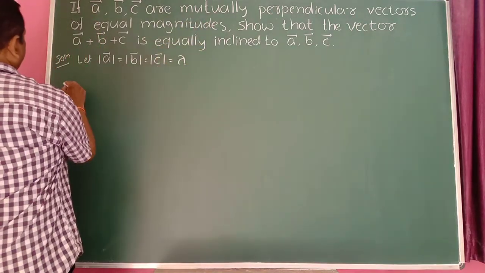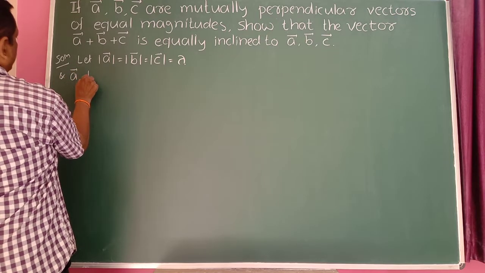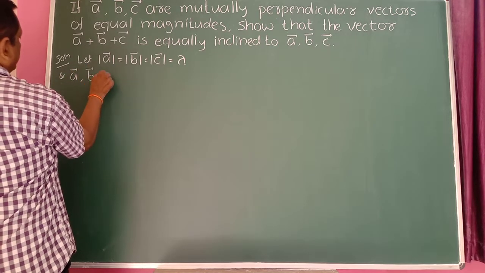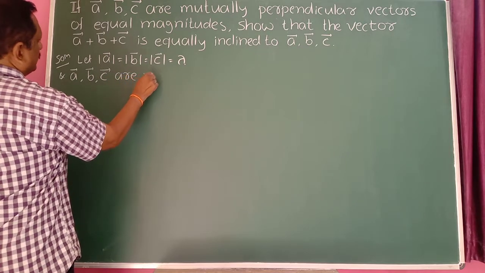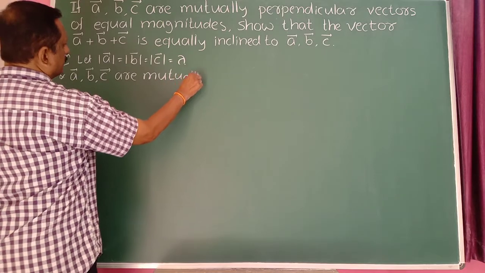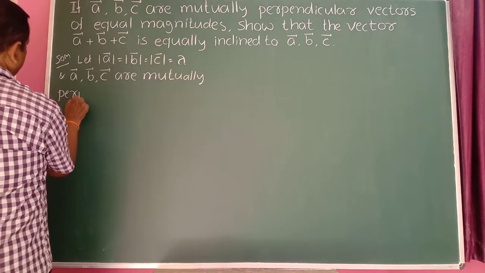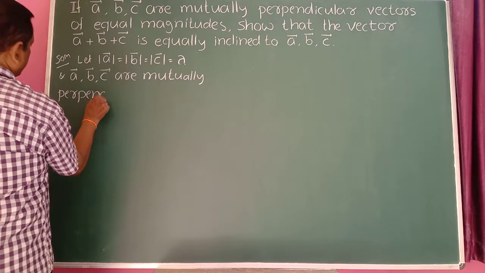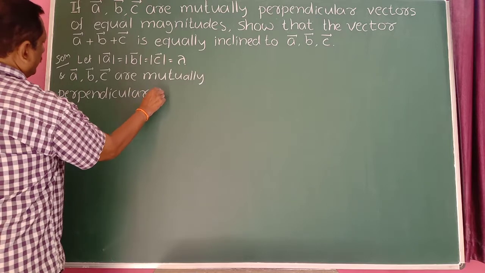A bar, B bar, C bar are mutually perpendicular vectors here.